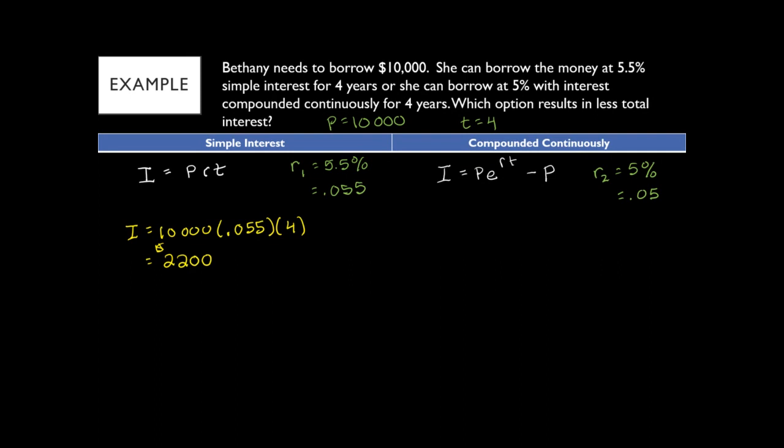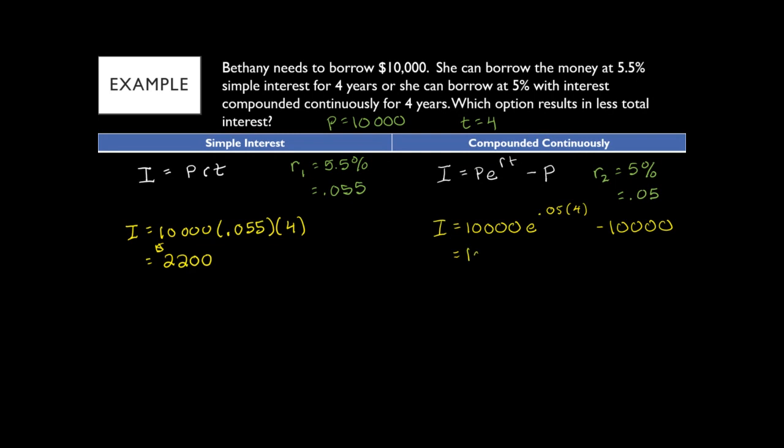Now, compounded continuously, so we modified our formula here. So I've got 10,000 e to, and now r is 0.05 times 4, and then minus $10,000. So I need to do the Pe^(rt) part first before I subtract the $10,000 to get the total interest.